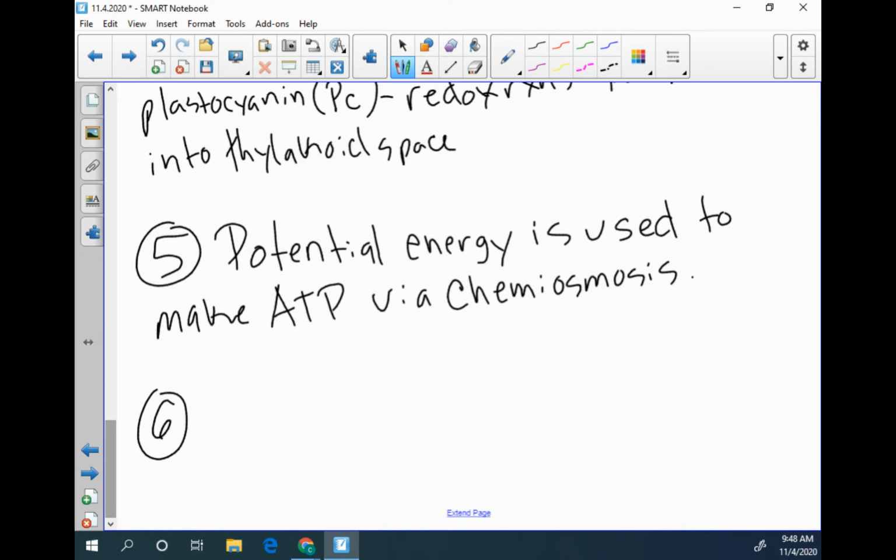While that is happening, light energy is transferred from the light harvesting pigments in PS1 to the reaction center complex. So the same thing that happened in step 1 with PS2 is going to happen now in PS1.